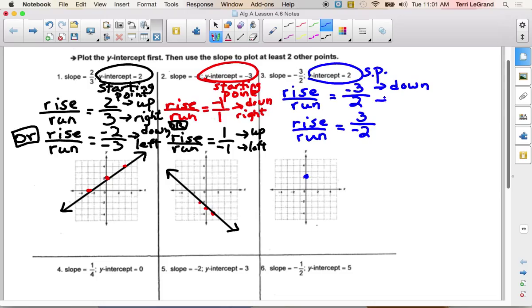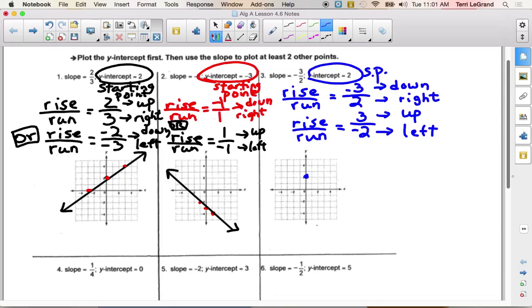And the run is positive, so I have to make sure I go right. In the other one, we're letting the rise be the positive this time, so that tells me I'm going to go up. And we let the run be the negative, that means we're going to go left.